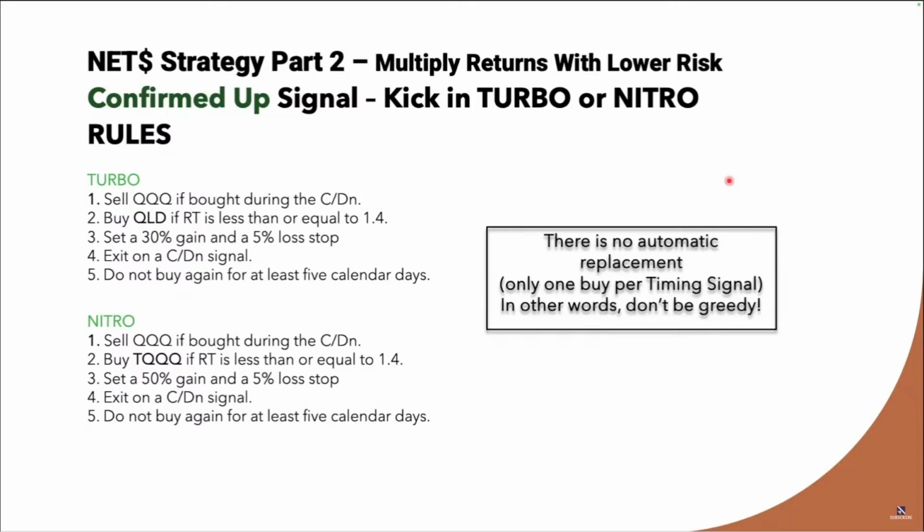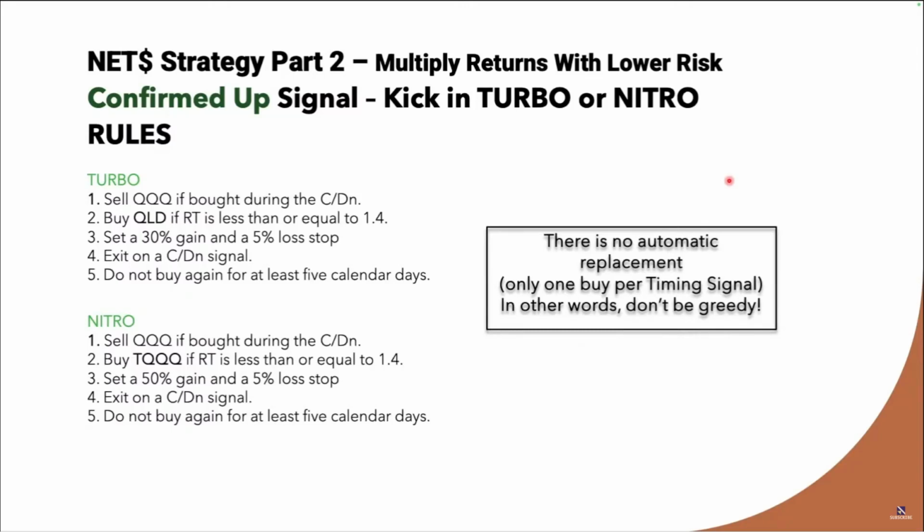This is really important. What I saw early on when we started up the system and were getting it going was that it was active, but it was well into a confirmed up signal already. So what would happen is there'd be another RT of less than or equal to 1.4, and you'd get a signal to buy. Well, that's because you just started the system up.